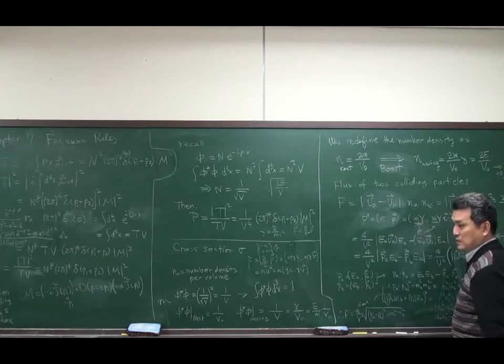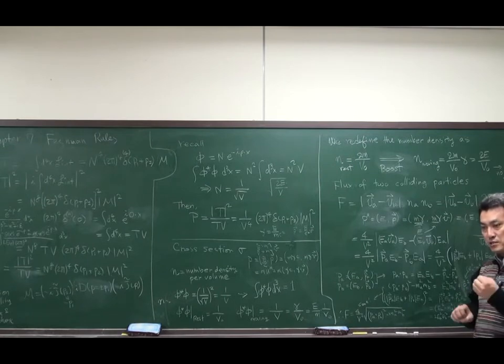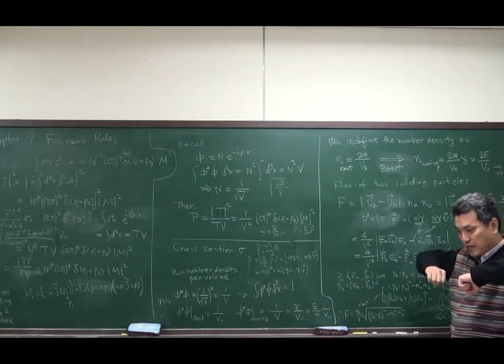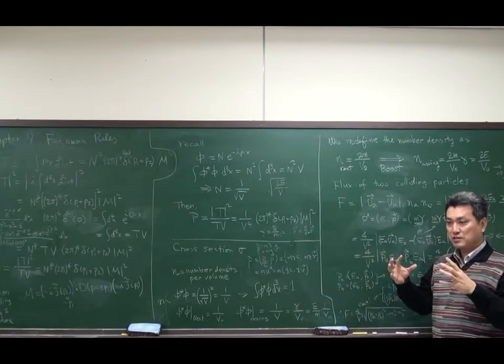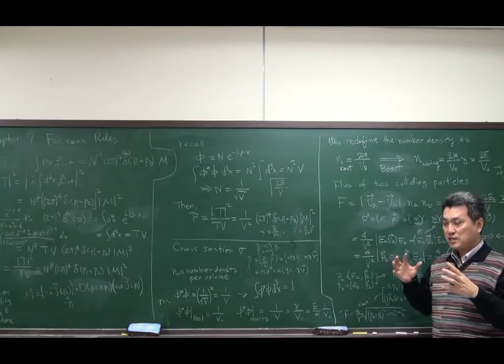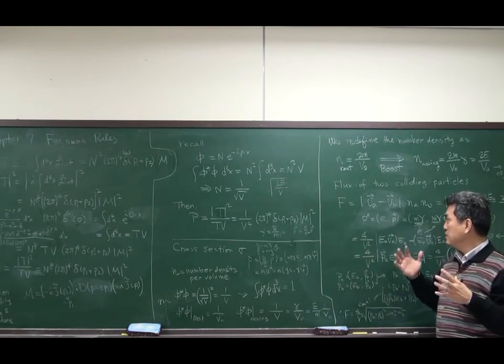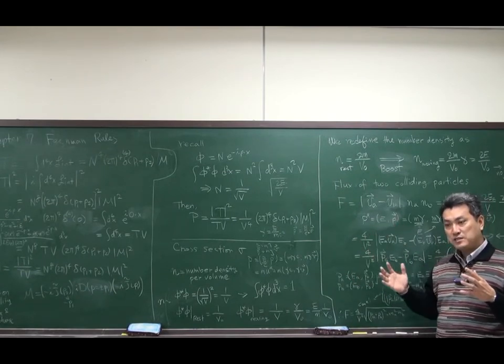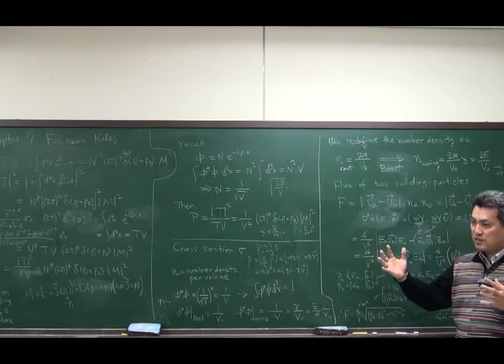So flux is actually number density times velocity. But suppose the two particles are colliding together. So two beams are colliding together. In the space, there are particles with number density Na, all of them moving with velocity Va.